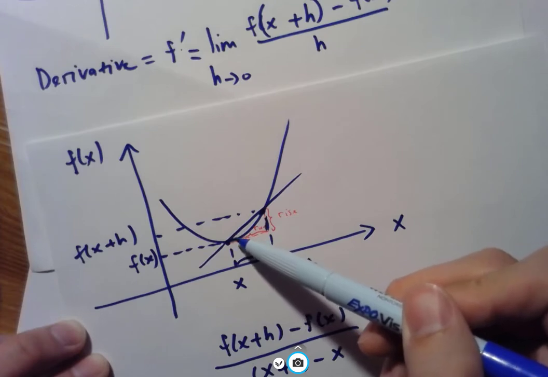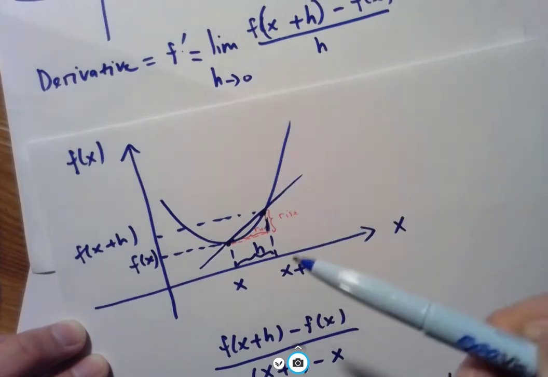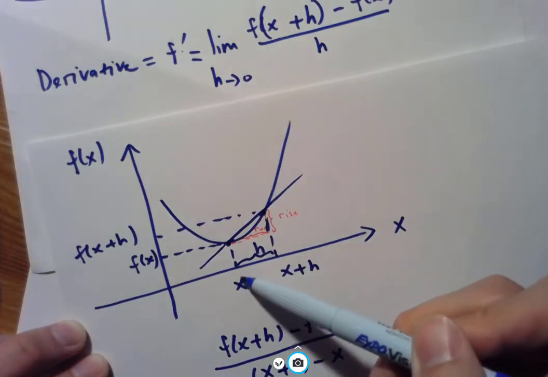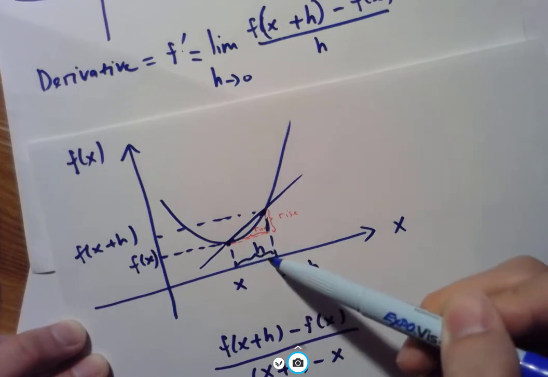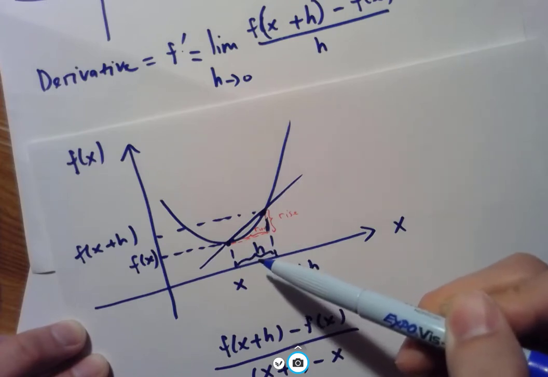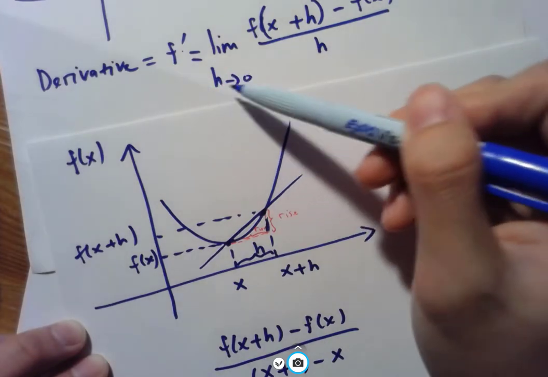That is the reason we got h approaching 0, because of the distance h between the point x and x plus h. You want that to be as small as possible.